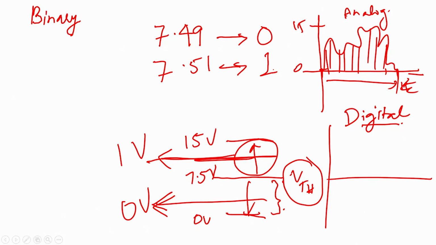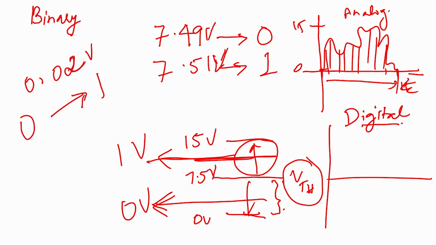So, what happened with a voltage change of 0.02 volt, you translated from a binary 0 to binary 1, which is a very huge change in the digital domain. So, what does this mean?